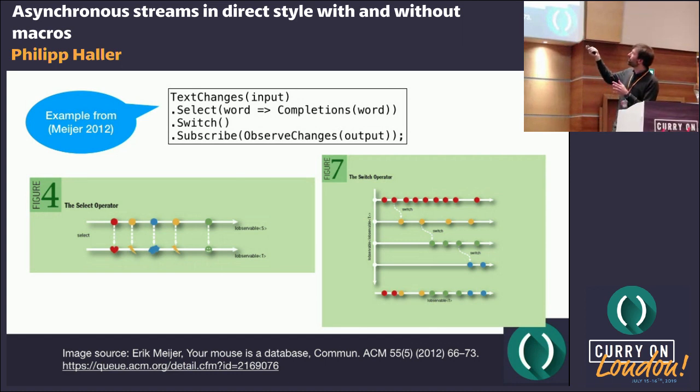So switch creates a publisher that will publish those events, these are the red ones. And as soon as a new event is received, which is the completions for the changed word in the input field, switch will switch to the completions of the changed word and emit those, right? And so on and so forth.